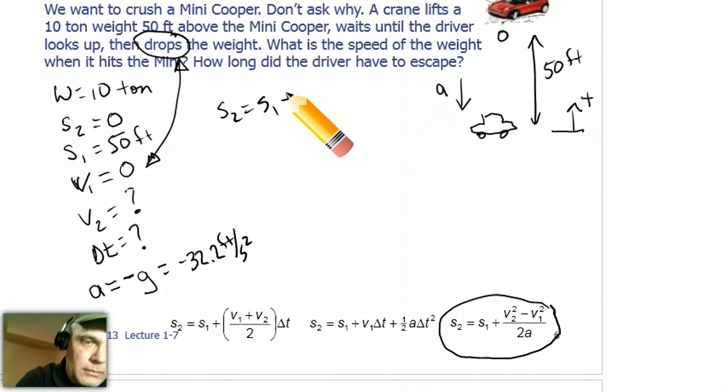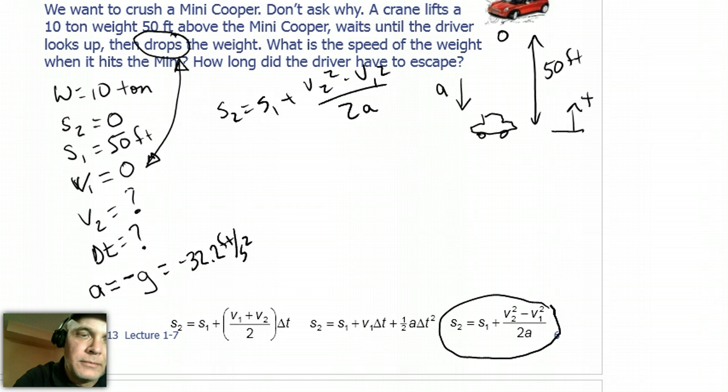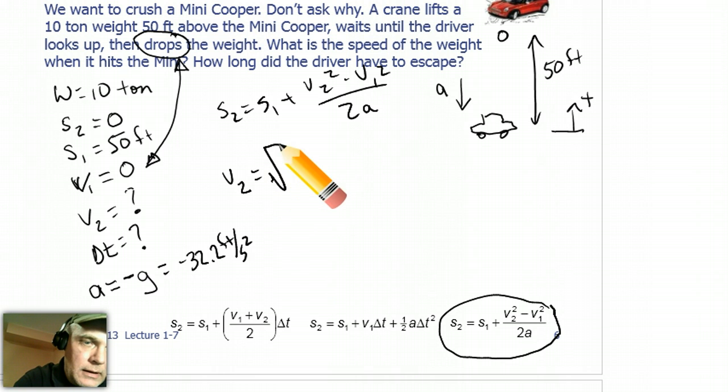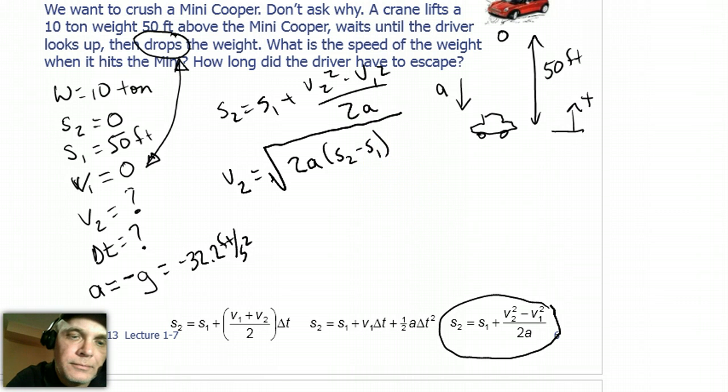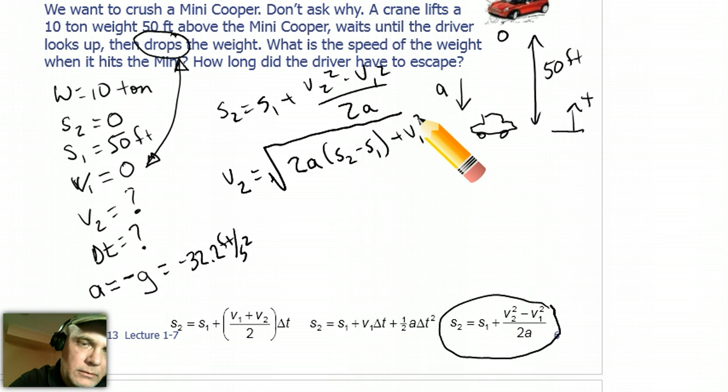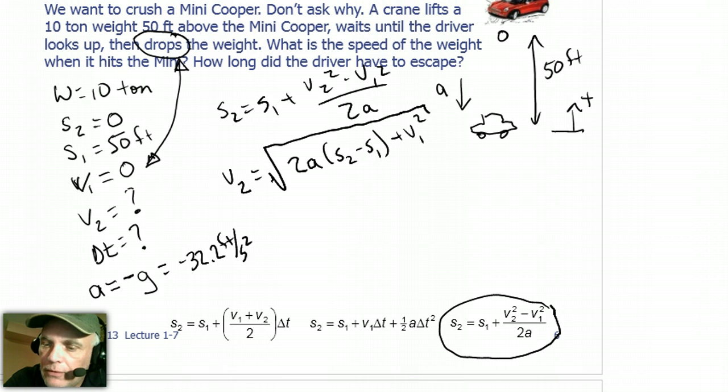S2 equals S1 plus V2 squared minus V1 squared over 2A. I'm going to solve for V2. I'll skip the intermediate steps, but it looks like it's going to be V2 equals the square root of 2 times A times (S2 minus S1) plus V1 squared. Again, you don't have to work it this way. We'll just do this to demonstrate different ways of doing things. So then I can plug in my numbers.